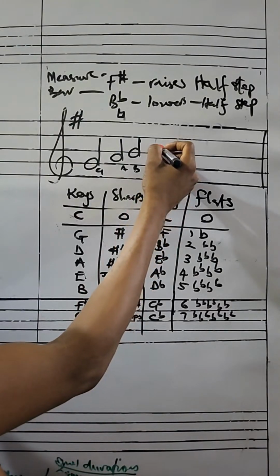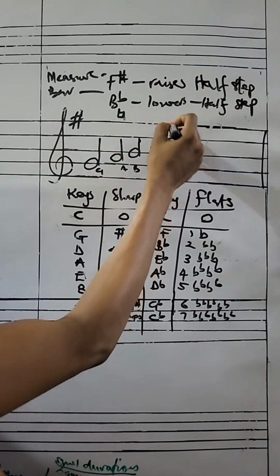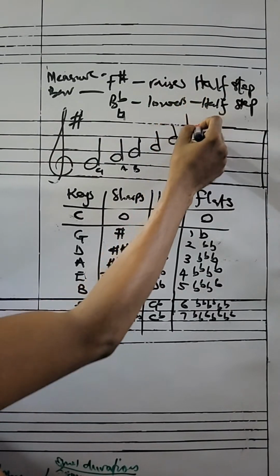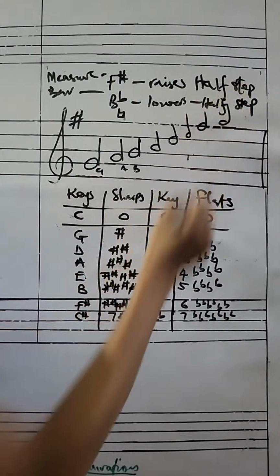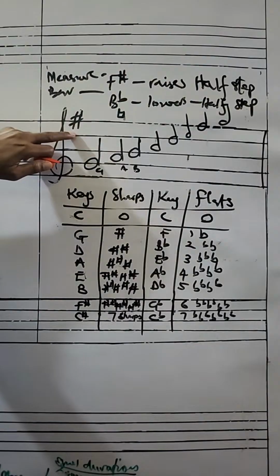Now we have here another note. Why didn't I place a sharp here? Because already there is a sharp here.